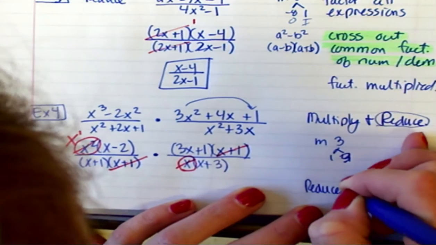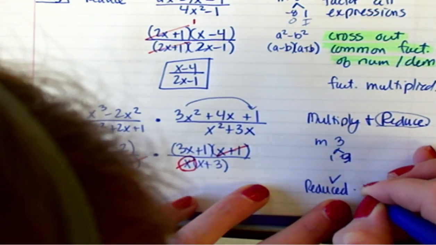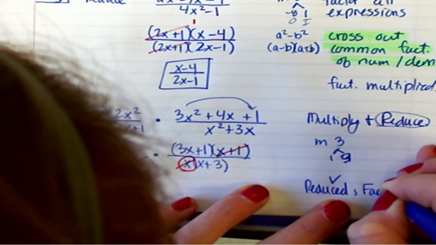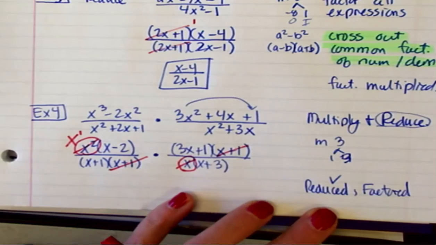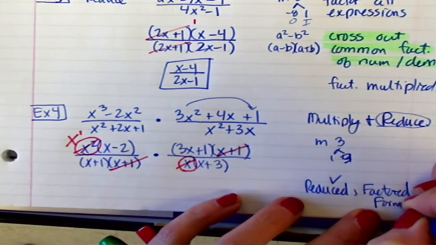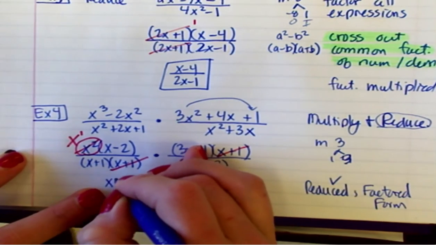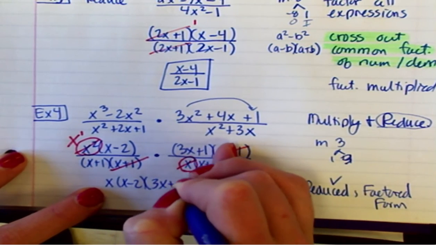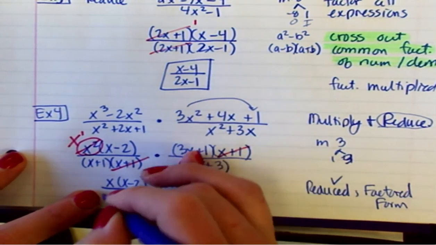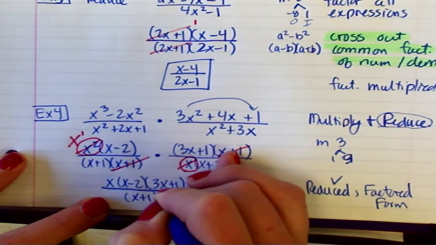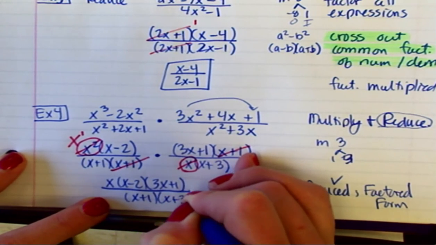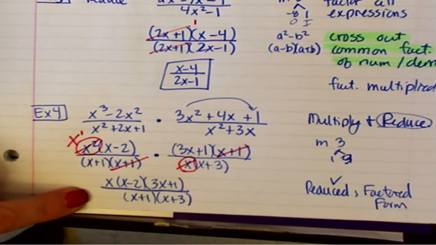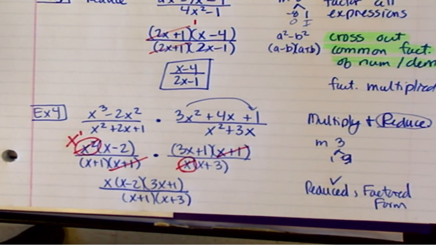Reduced, factored form. So we get x minus 2, 3x plus 1. Okay, that is reduced factored form because I don't need you to multiply and distribute all of those things.